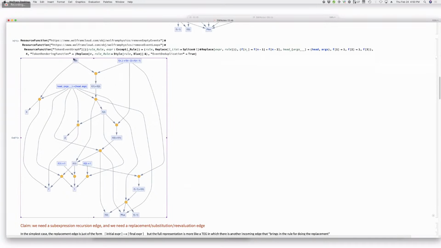Okay. f of 3 uses that rule to make f of 1 plus f of 2. Then it uses this rule to shatter that into f of 2, and that rule shatters it into f of 2 and f of 1. Right? And plus.